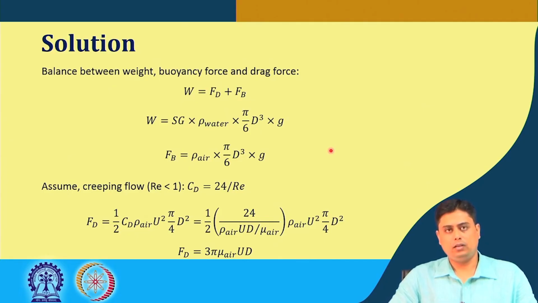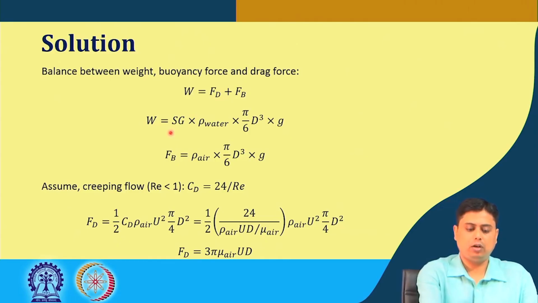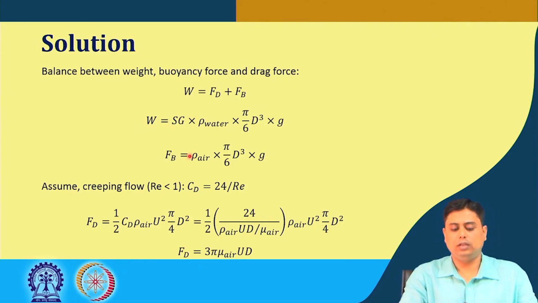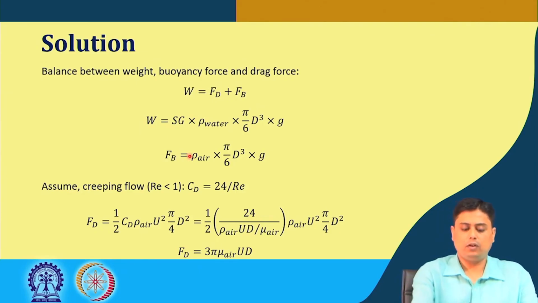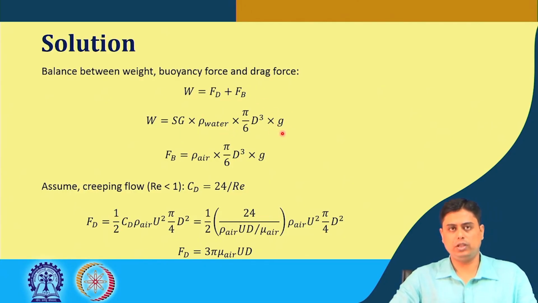So the weight of the droplet is given by this expression, where this is the specific gravity multiplied by the density of water, which gives you the density of that particular material, multiplied by the volume and g, which gives you the weight of that droplet.